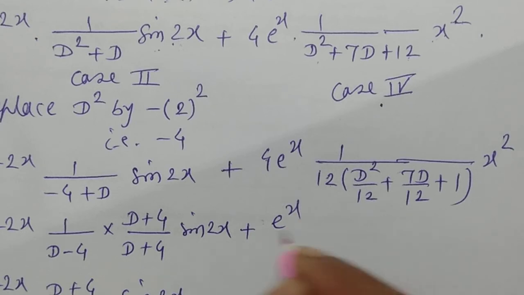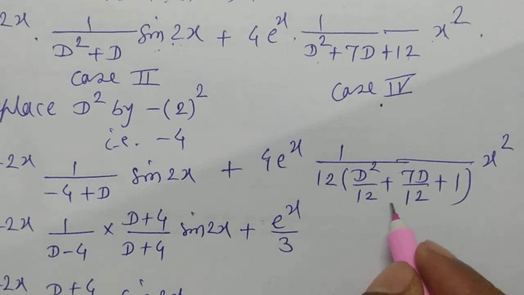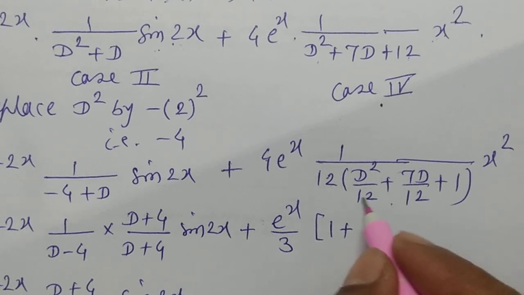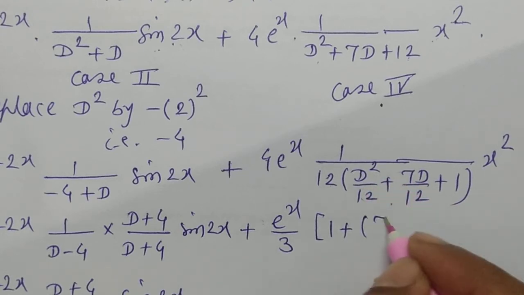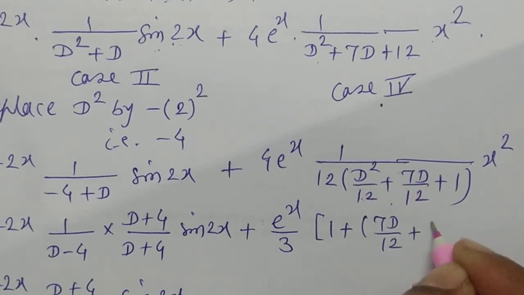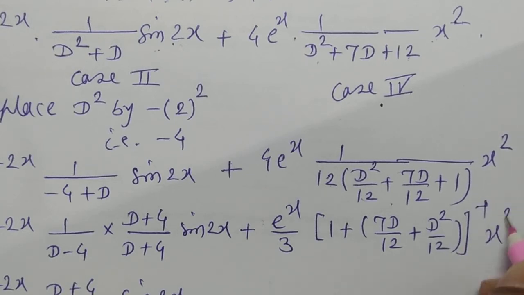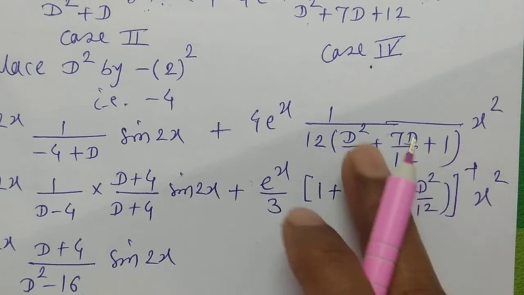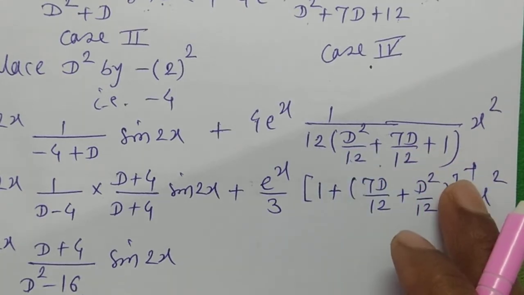So it is e raised to x by 3, and then take this bracket to the numerator. So it is 1 plus terms with D, that is 7D by 12 plus D square by 12, whole inverse of x square. Isn't it? We have to take this term, 1 plus terms of D, to the numerator to write it as an inverse.